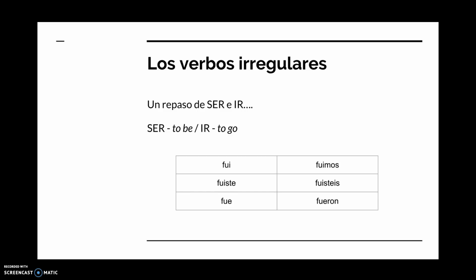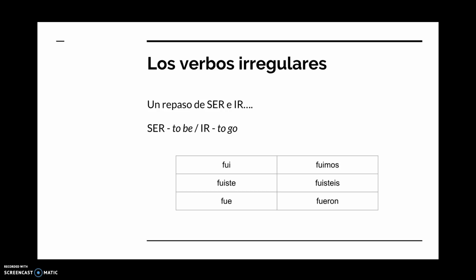You may remember from earlier in the year that ser and ir, even though they mean different things, ser to be and ir to go, share the same conjugation en el pretérito. So we have fui, fuiste, fue, fuimos, fuisteis, fueron. Once you note that down, you'll note that at the bottom of page 5, I actually gave you a lot of information.